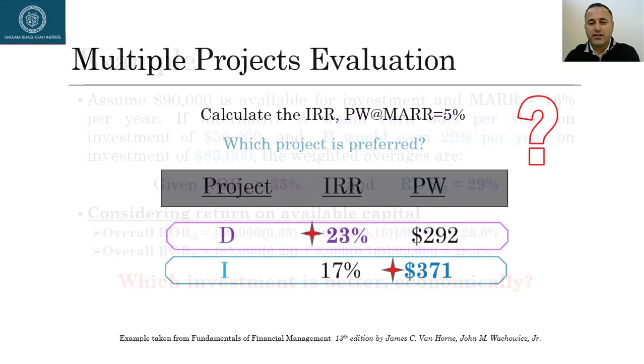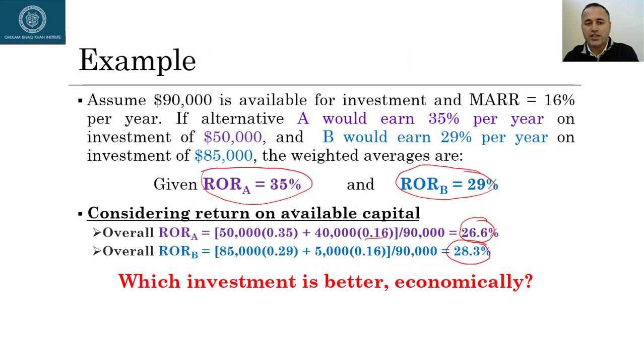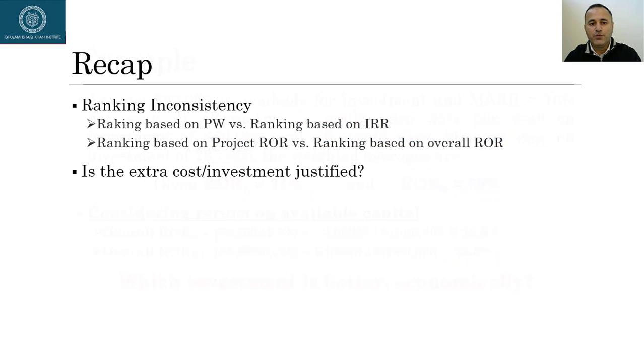So if I rank projects based on IRR, project D is selected. But if I choose PW for the selection decision, I choose project I. Similarly, if I use individual rate of returns, I choose project A. But if I use overall rate of return, then I choose project B. So there is a phenomenon that we call ranking inconsistency.